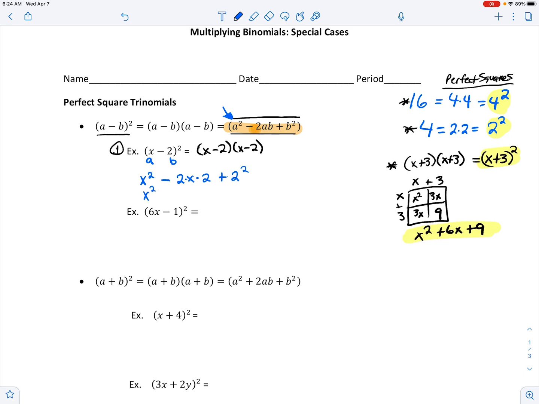Which gives us x squared minus 4x plus 4. And now we have our perfect square trinomial.